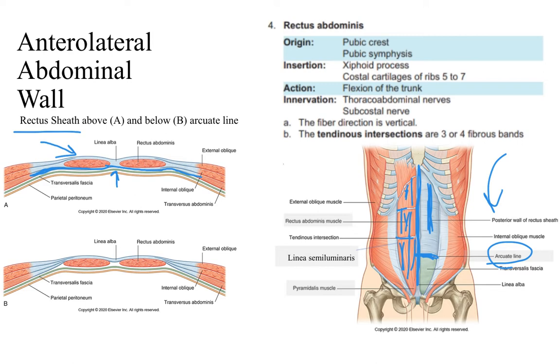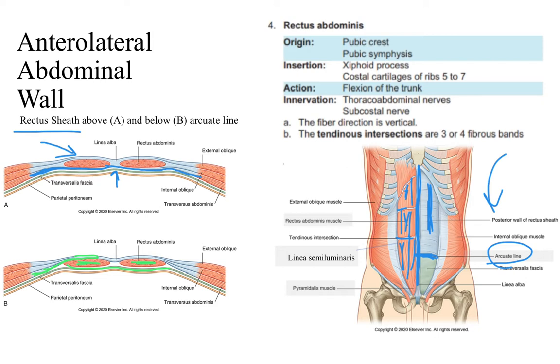But as you get below the arcuate line, you notice that the aponeurosis of the transversus abdominis joins with the other aponeuroses to form the anterior portion of the rectus sheath, and there is no rectus sheath between the rectus abdominis muscles and the transversalis fascia, which we see in green here. All right, so that is just a dividing line of where that aponeurosis, or that posterior wall of the rectus sheath, ends.